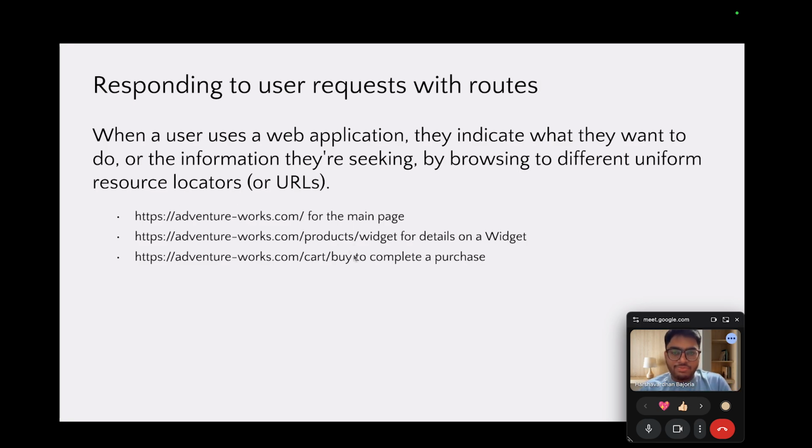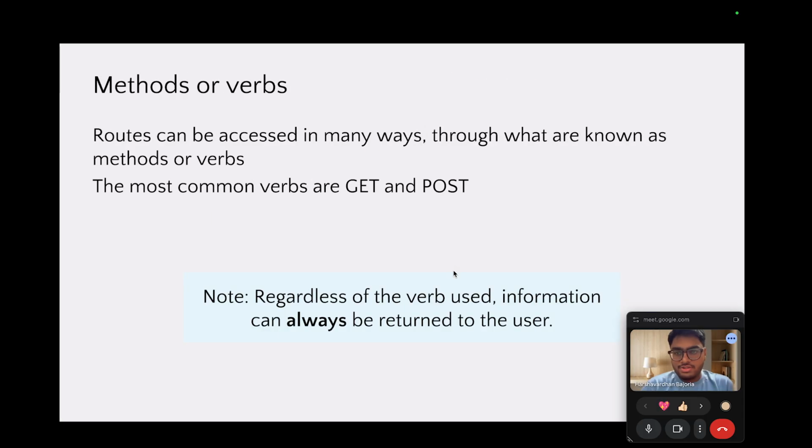If I just add project/widgets, it takes me to the details on a widget. Similarly, if I go to /cart/buy, that takes me to complete a purchase. It's like navigating in a house with different rooms, where you say, okay, in this house I want to go to this particular room, where we actually use two methods, get and post, to get the data from the user, and regardless of the verb, information can always be returned to the user. It's not just that post is for post, get is for get.